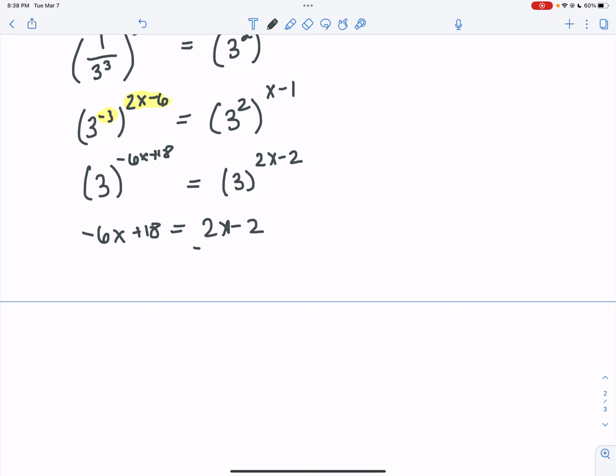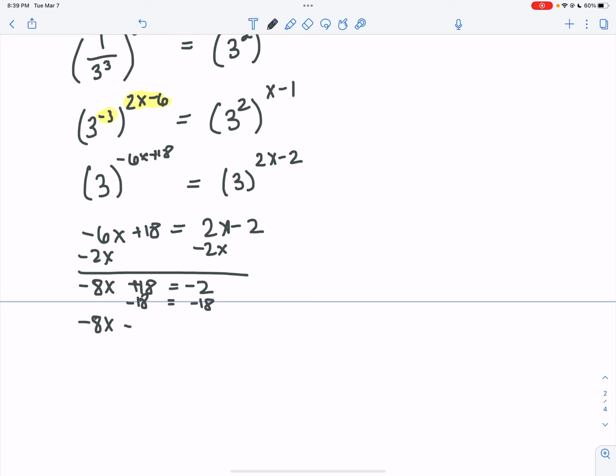I'm going to subtract 2x on both sides, so that's going to give me negative 8x plus 18 is equal to negative 2. I'm going to subtract 18, that's going to give me negative 20. Then I'm going to divide by negative 8. So x is equal to 20 over 8, which is 10 over 4, which is 5 over 2. So your final answer is 5/2.